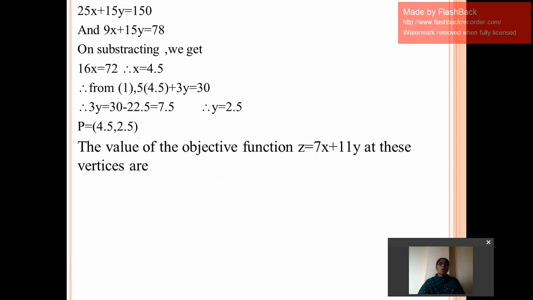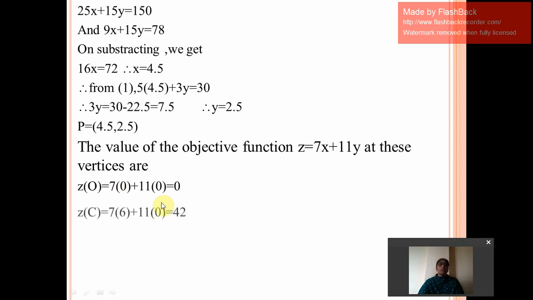The value of the objective function Z is equal to 7x plus 8y. At the feasible region vertices, first point O, 0, 0, put x 0, y 0.